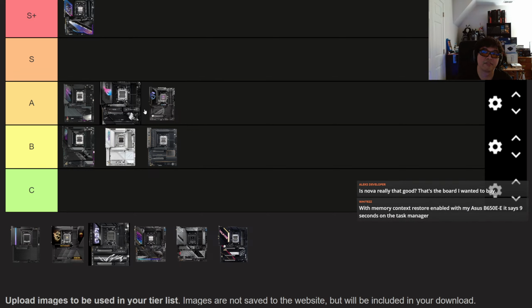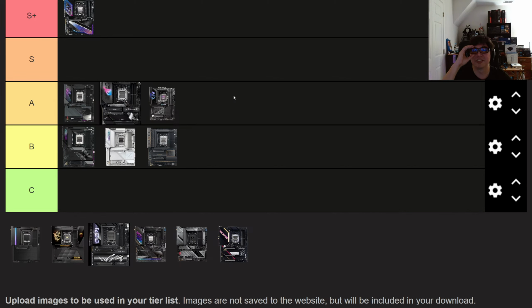They all have GPU lane sharing, so they all falter in the same area. All of them have an X4 slot. So all three of them are very, very similar in a lot of ways. The difference is that the Strix gives you a 5th M.2 with the X4.